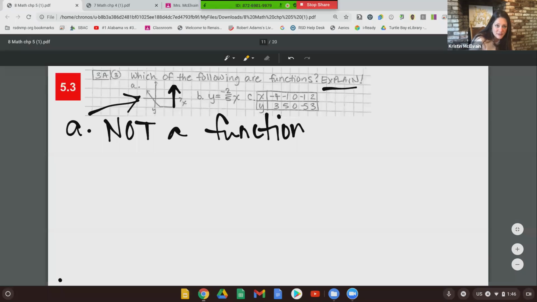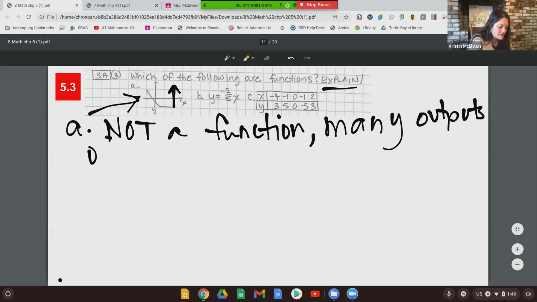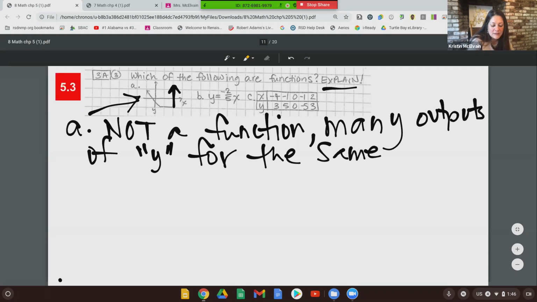And for the explain, you would say many Y values or outputs of Y for the same input of X. Okay.